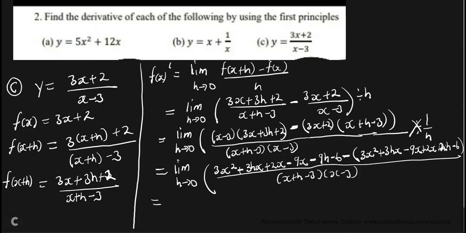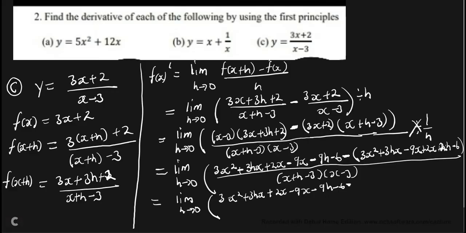Then you have the limit as h approaches 0 of 3x squared plus 3hx plus 2x minus 9x, then minus 9h, then minus 6. Then this negative will multiply with everything there.